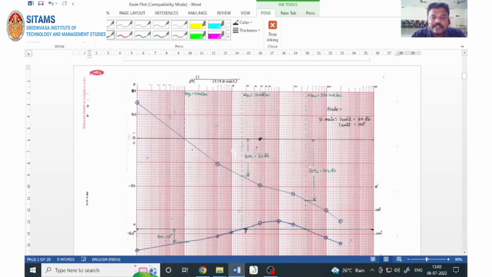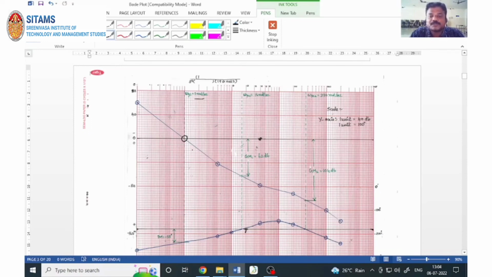So my magnitude plot cuts the 0 dB line at this particular point, and the corresponding frequency I have measured is 1 radian per second. So this is the gain crossover frequency. Gain crossover frequency is nothing but the frequency at which the magnitude plot crosses the 0 dB line.